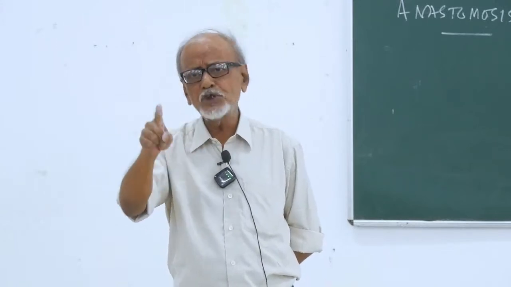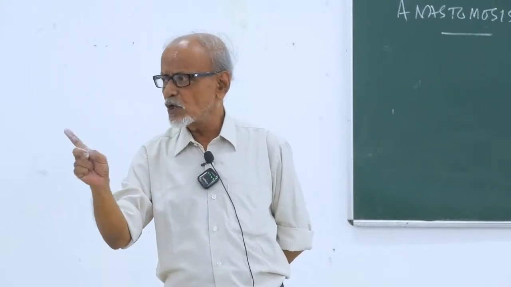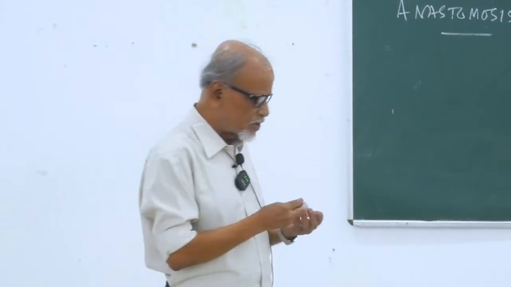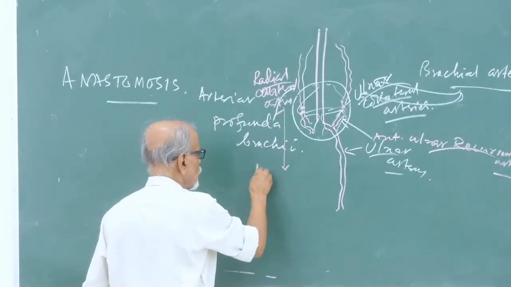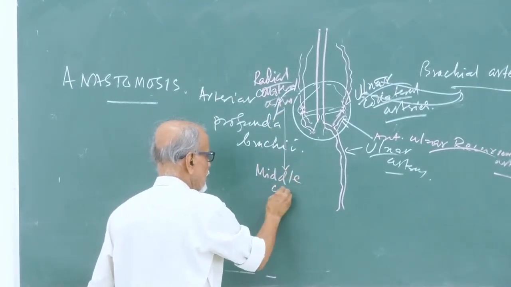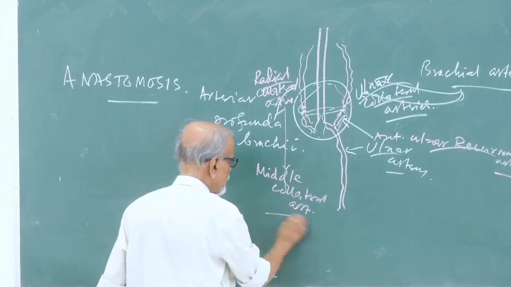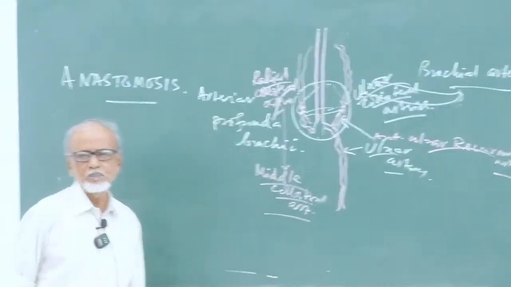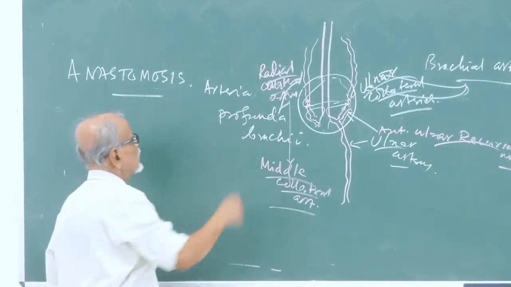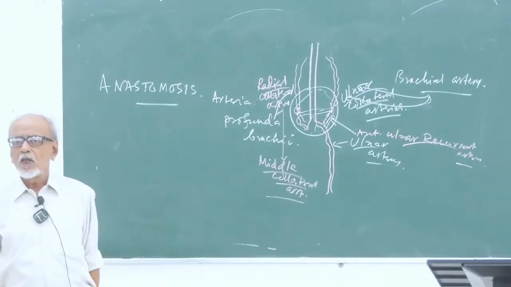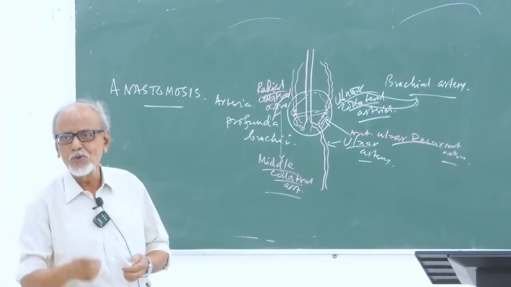They are derived from a branch of brachial called arteria profunda brachii. What are the names? Radial collateral, middle collateral. So the artery behind is the middle collateral. The artery you find here at the back is the middle collateral, proceeding from above, coming from above. The stem artery is arteria profunda brachii. Now on the lateral side, who goes from below, who rises up from below?